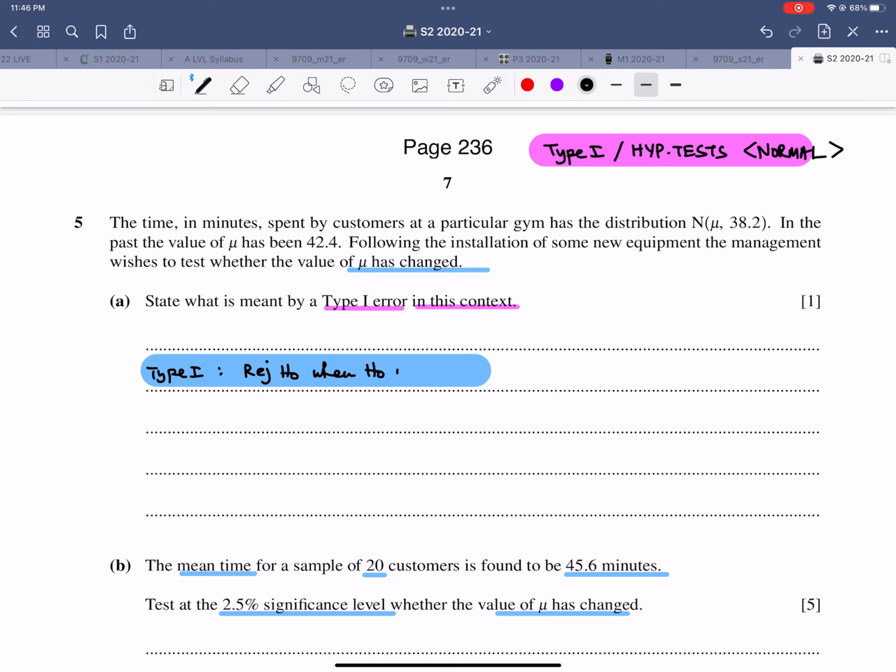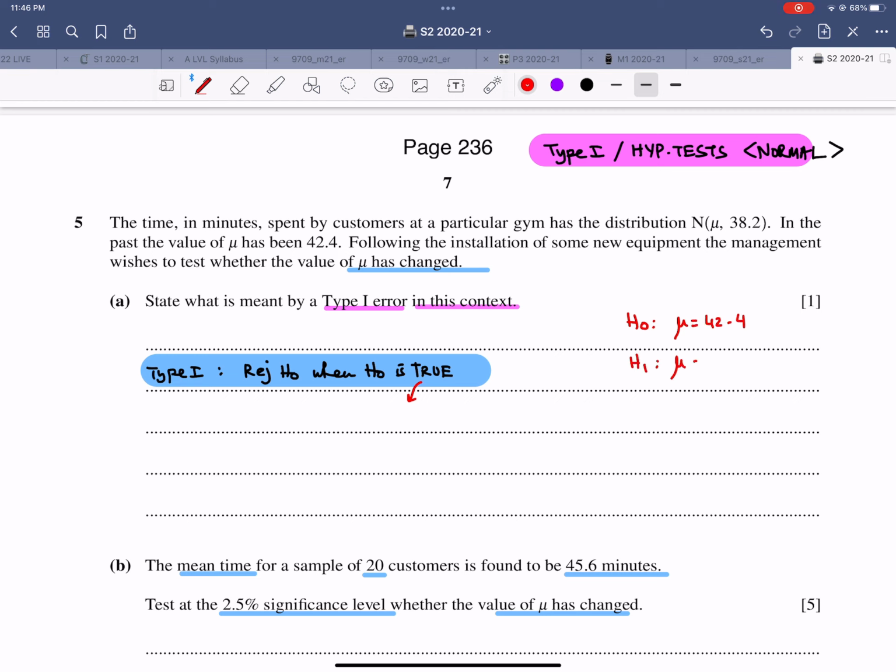Now, when H naught is true, that means, first of all, let me write down what is H naught and what is H1. So, H naught, mu equals 42.4, H1, mu does not equal 42.4.